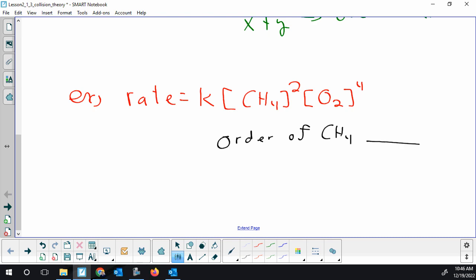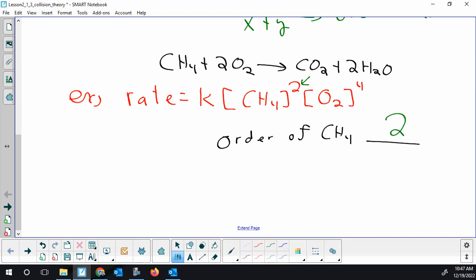So the order for methane, okay, you would not have to get confused by the balanced chemical equation. So CH4, 2 methane mix with O2, making 1 CO2 and 2 water. That does not tell us the orders. It's the rate law, and the order for methane is 2.